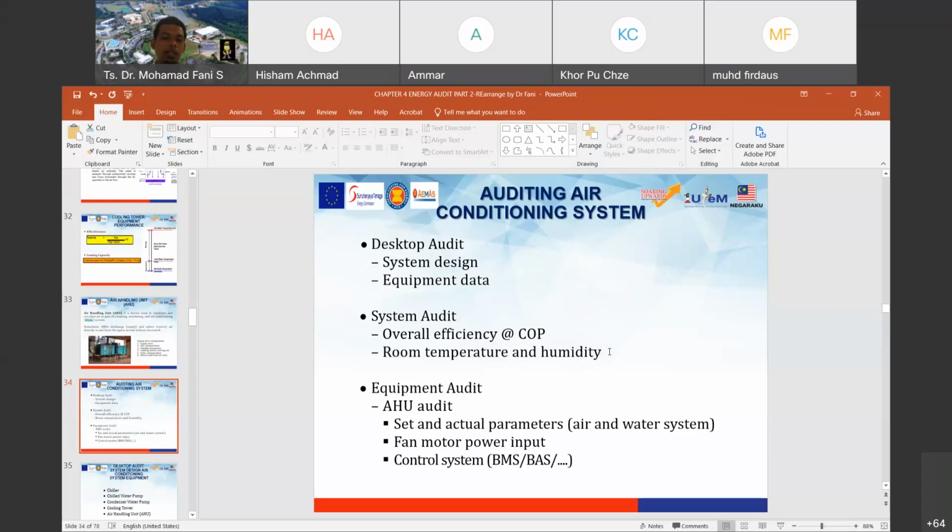Like Arkib Negara for the library institution, they need to maintain the humidity level at 40 to 60, or 70. 70 is too much, I think about 40 to 60.